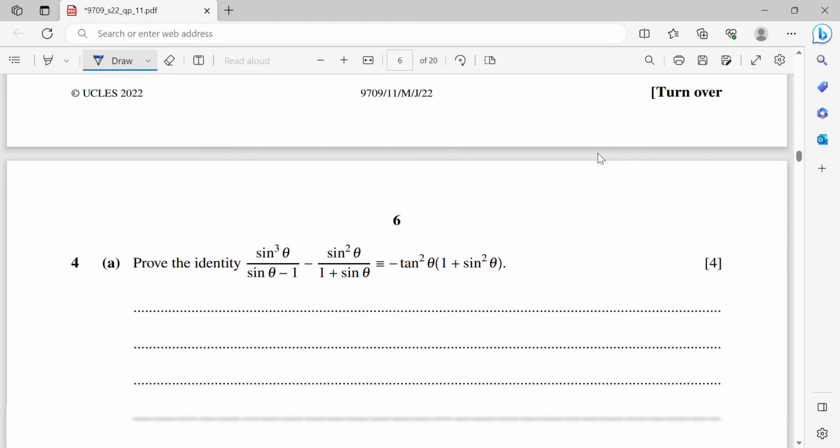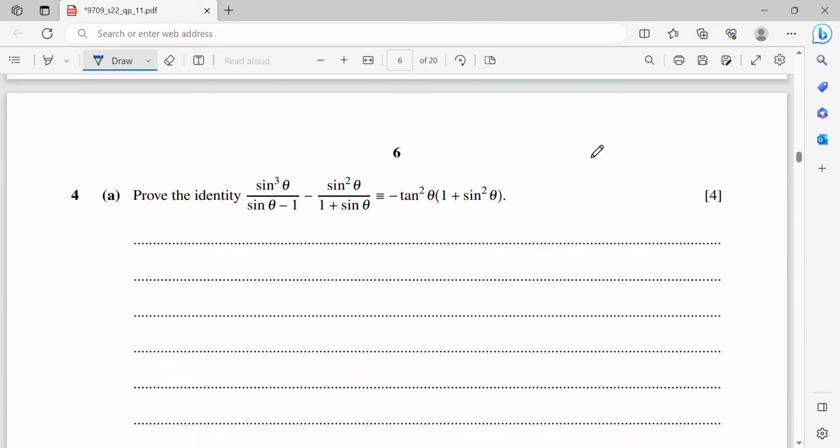Right. So now for A, prove the identity: sine cubed theta over sine theta minus 1, minus sine squared theta over 1 plus sine theta. Okay, so I will start with the left hand side.